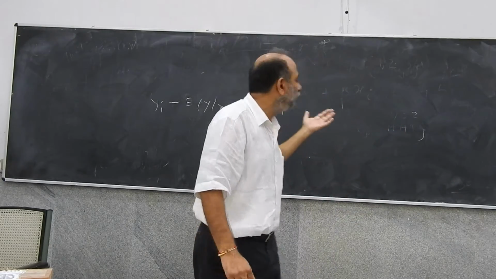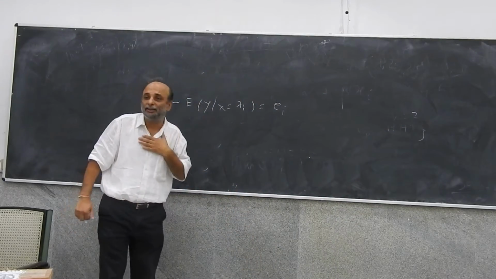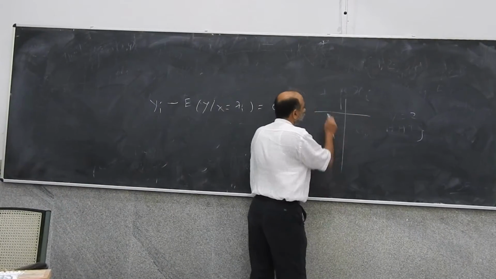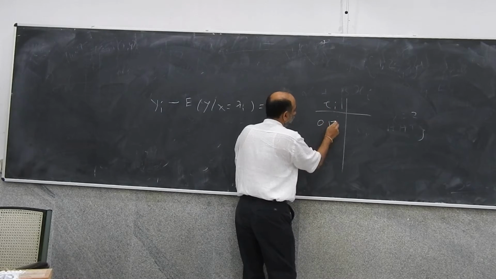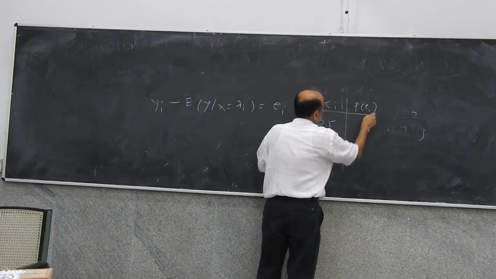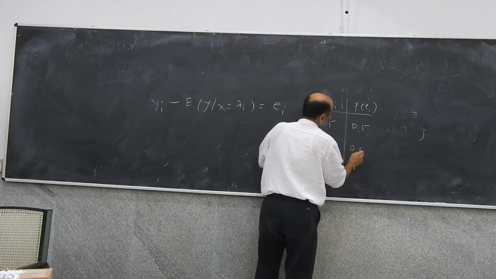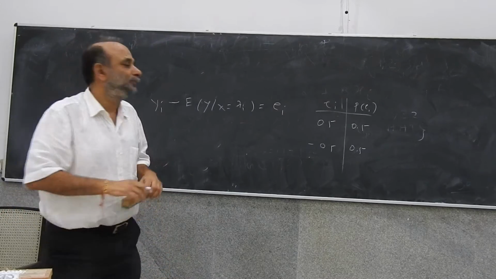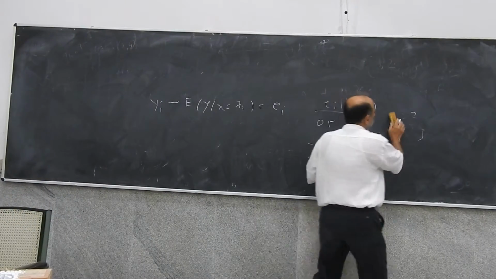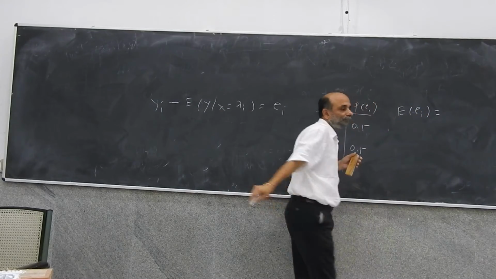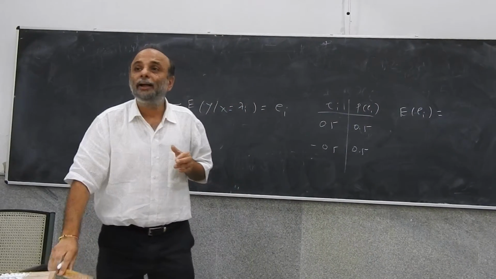Can you tell me what will be the mean of ei and the variance of ei in this case? So ei takes the values plus 0.5 and minus 0.5. What is the mean of ei? What will be the expected value of ei? How will you find the expected value of ei? How do you get the expected value?